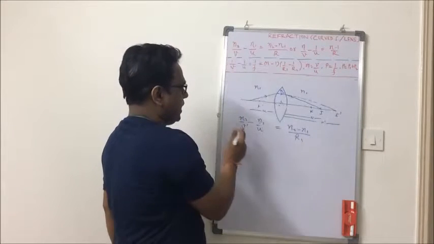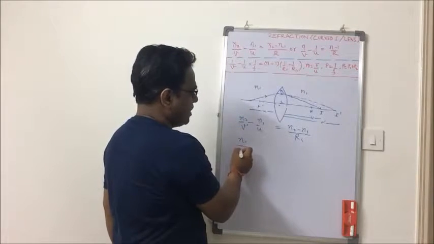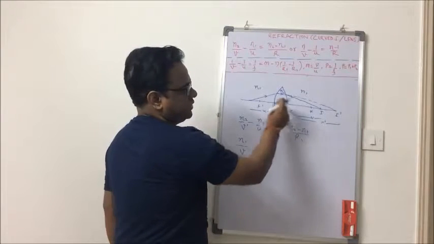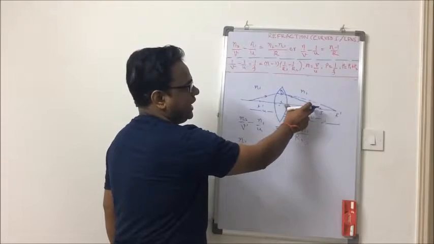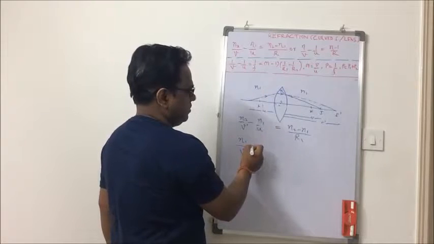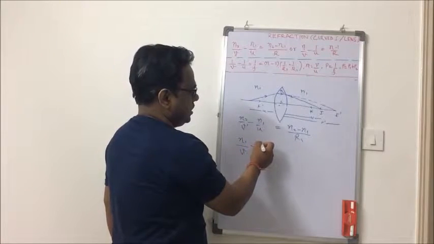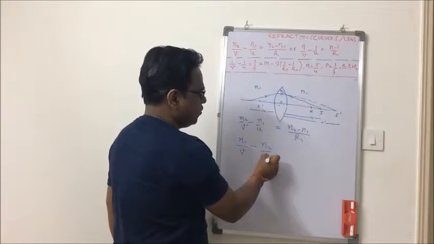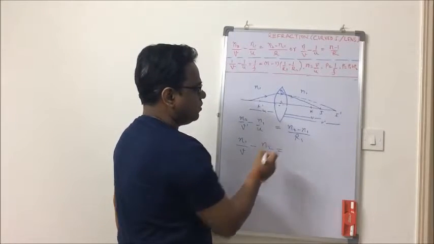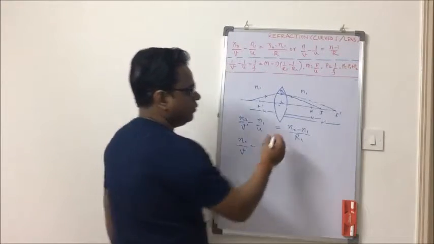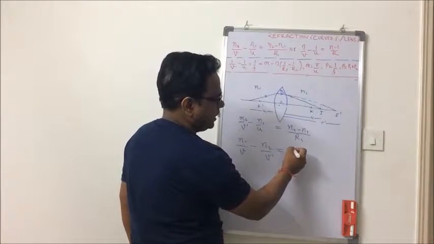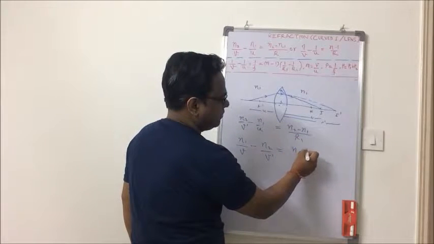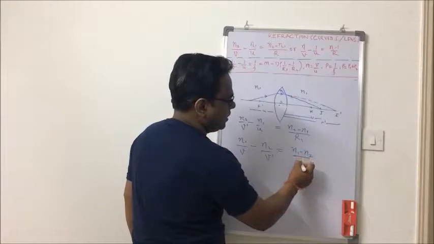So we have to write N1 divided by final V, because the final image is formed at distance V, minus N2 divided by V dash equal to, here we would write, N1 minus N2 divided by R2.